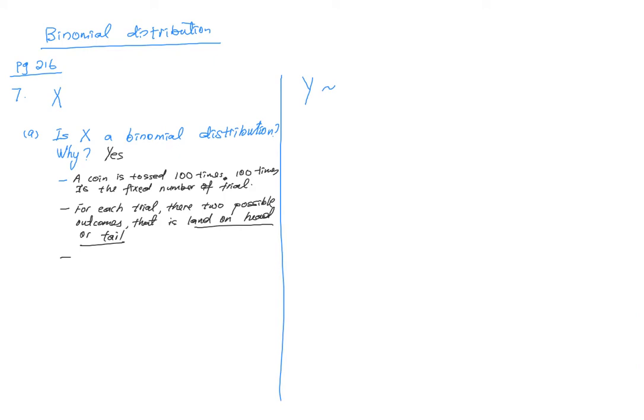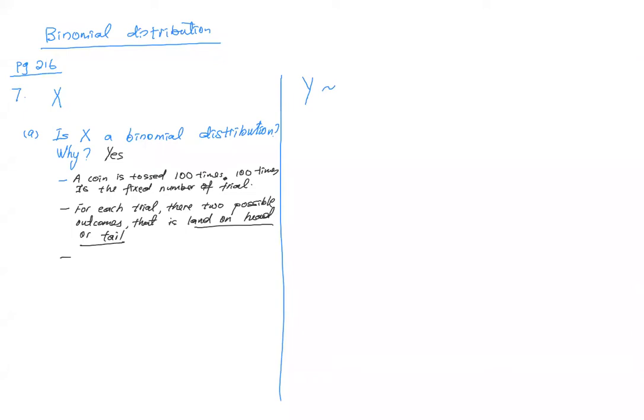What is the third one? The probability of success is the same for each trial. You cannot say just the probability of the success. The chance of getting either heads or tails remains the same in all trials.